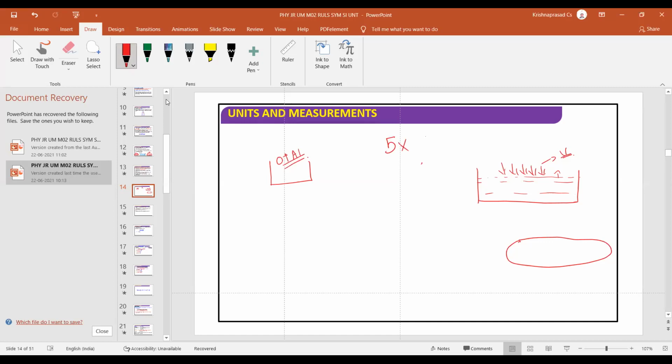For 5 pens, each pen is 5 rupees, the total is 25 rupees, right? N number of drops, yes, sir.